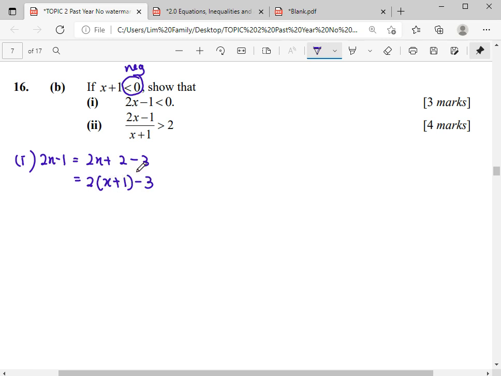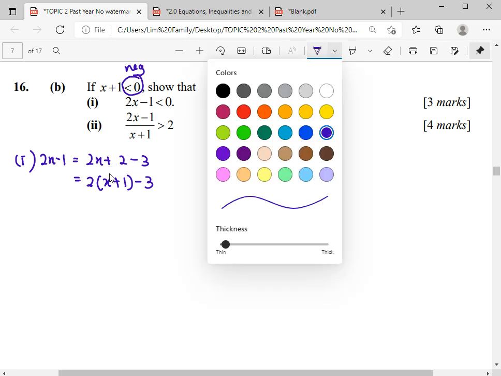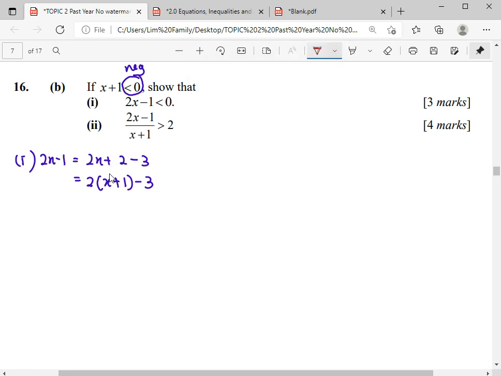So what can we deduce here? What can we analyze here? The question already said this x plus 1 is always negative, so this factor is always negative. Since this factor is always negative, what happened to this operation?